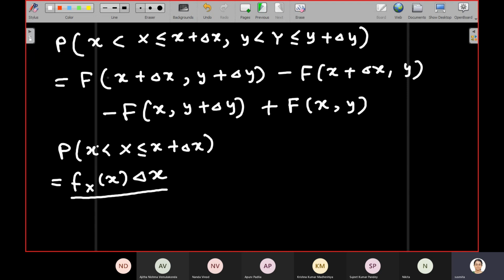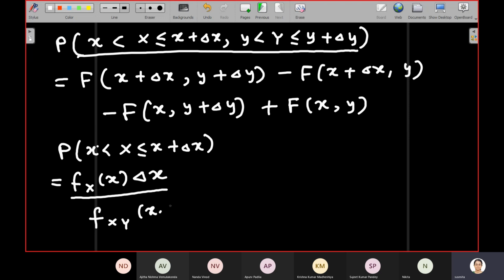Now here we have two dimensions, correct? So let's write this probability as follows: f_XY. So this is the joint PDF of x and y, and we multiply by delta x for the single dimension.